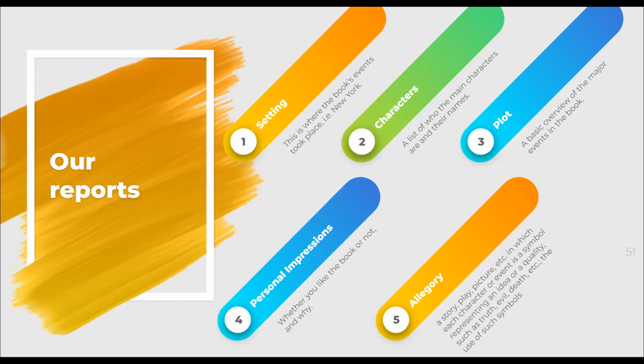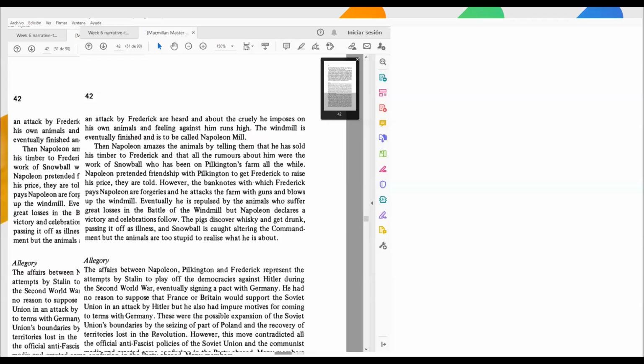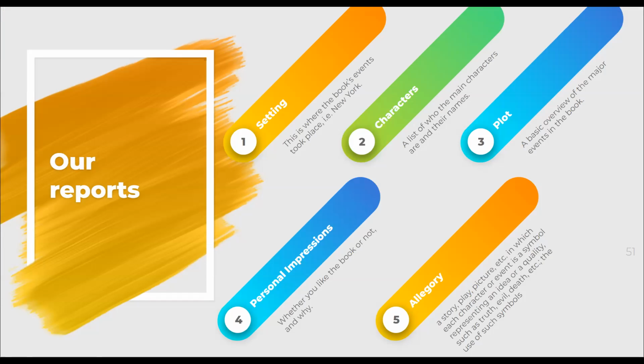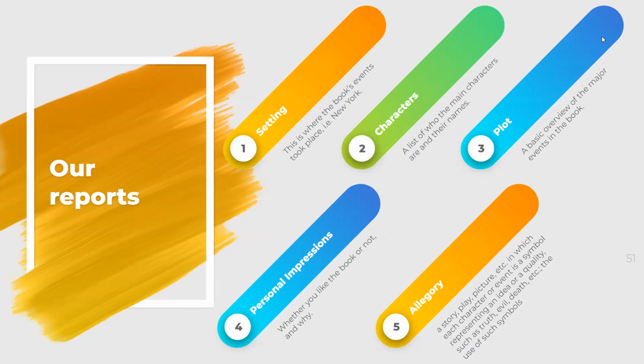There was a decisive victory, and that's also when the pigs discover the whiskey and they get drunk. You see. So yeah, that's getting really, really serious. And we know that by the end of the book, even more interesting things are going to happen, right? So this is a very serious moment in the whole development of the book.